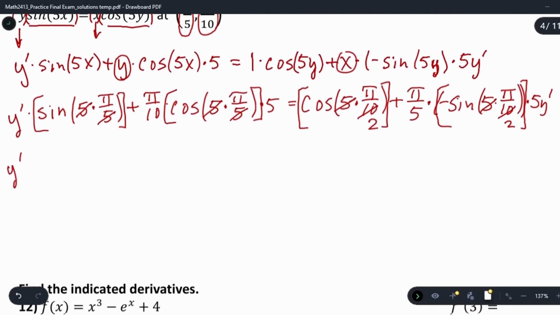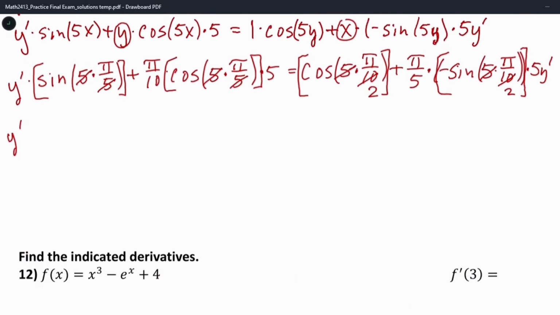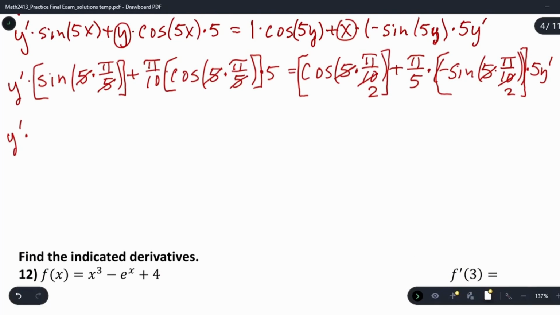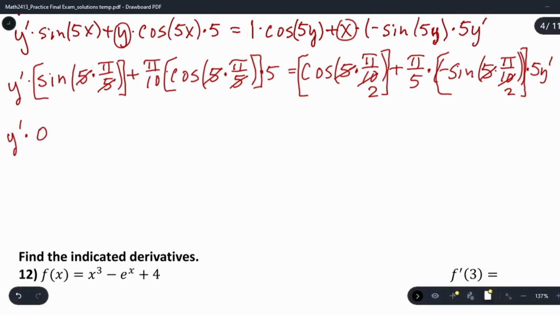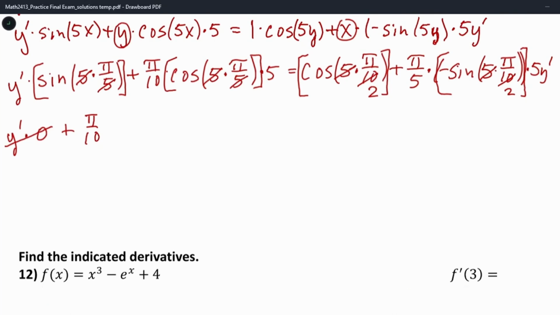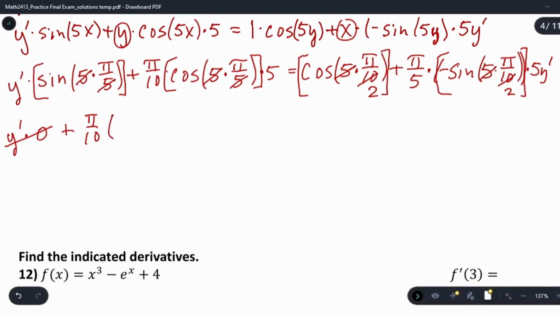Next, if we scroll up some, we're going to simplify. Sine of pi is 0, and that will effectively eliminate that term. Plus pi over 10 times the cosine of pi. Cosine of pi is negative 1, and then don't forget we have that times 5.